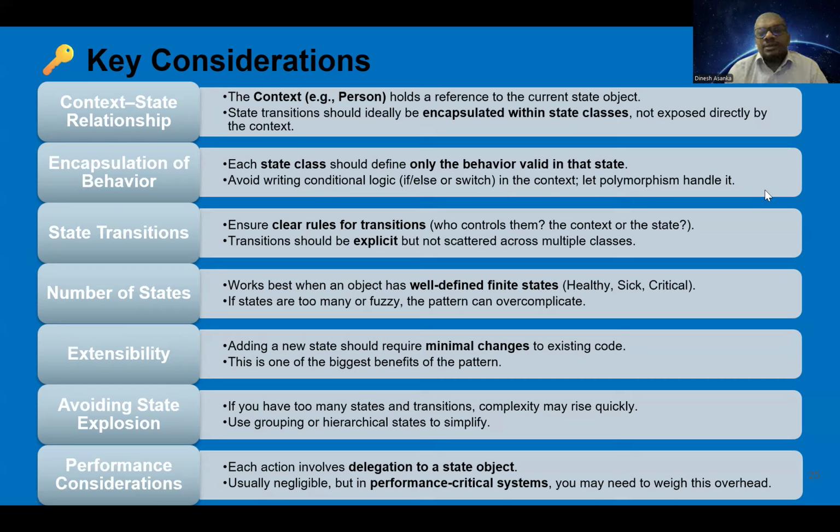And within the state, you set the behaviors of that particular state. So each state class should define only the behavior valid in that state. Now, some behaviors may not be valid. For example, the classical example is when the TV is off, you cannot mute it. That behavior is not valid.